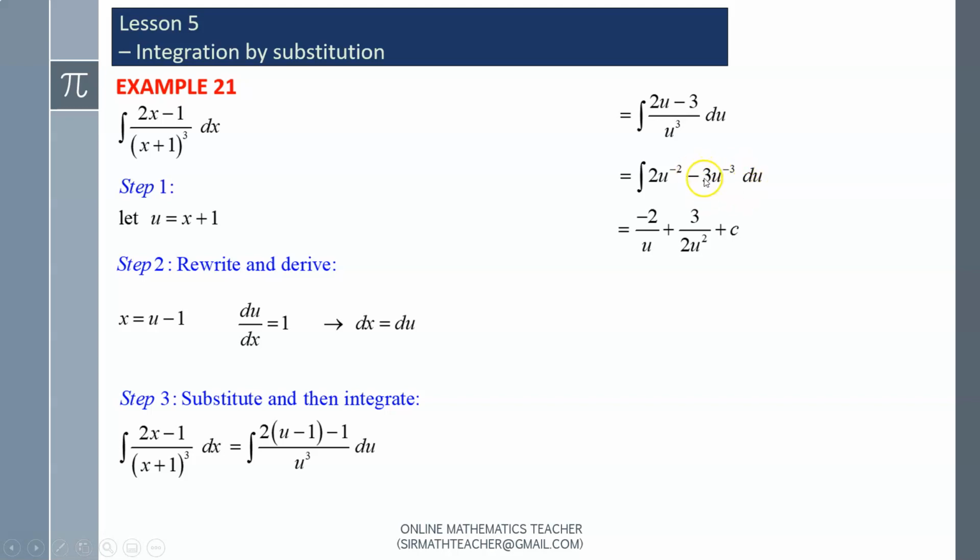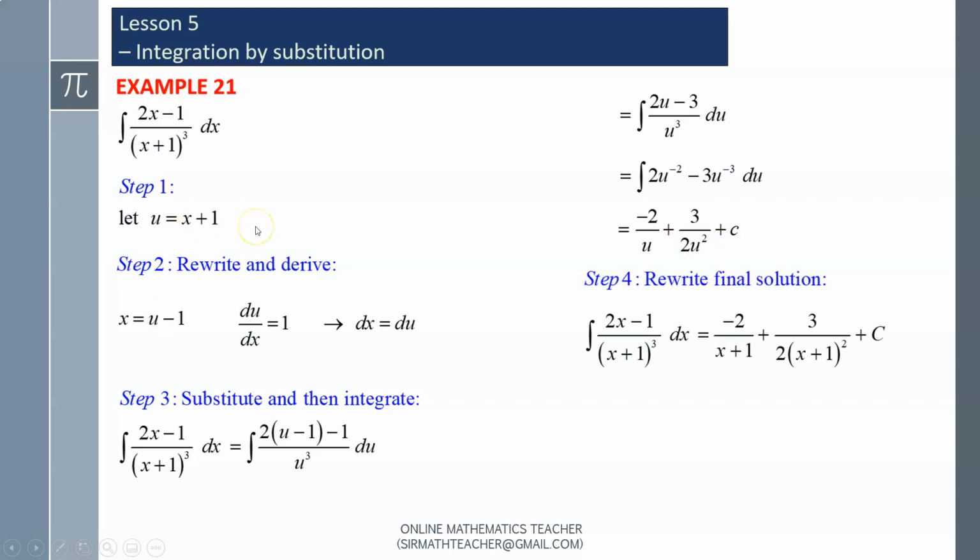Negative 3 on negative 2 would be 3 on 2. u to the negative 3, if you add 1, will become u to the negative 2, a positive index, so it's u squared plus c. Replace u with x plus 1. So negative 2 over x plus 1, 3 over 2 lots of x plus 1 squared plus c.